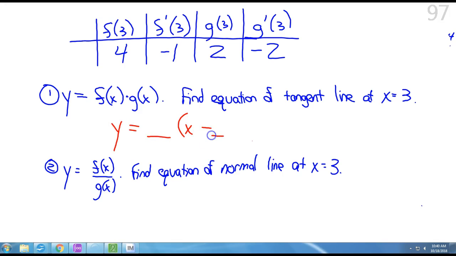As soon as I see "find the equation," I'm writing down my form here. Just going to fill in numbers.